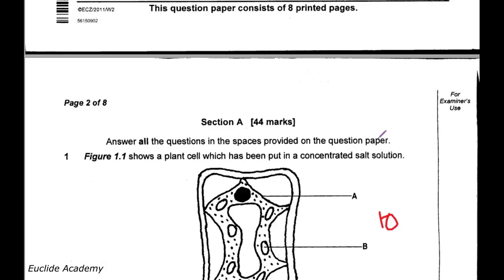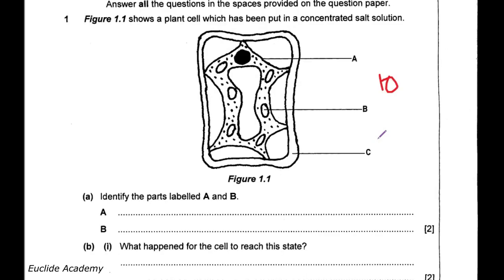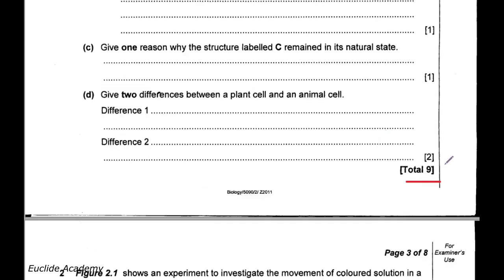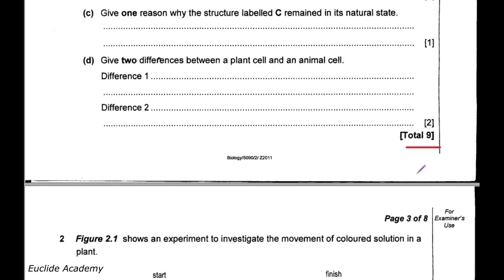So that is how you manage your time and how you answer questions. You answer questions in increasing difficulty. Start with the simplest questions first. If a question is too difficult, leave it, go to the next question. If you've got a total of 9 marks for a question, give 9 minutes to that question. If 9 minutes is up and you haven't finished, I would advise you to go to the next question if the question was too difficult.